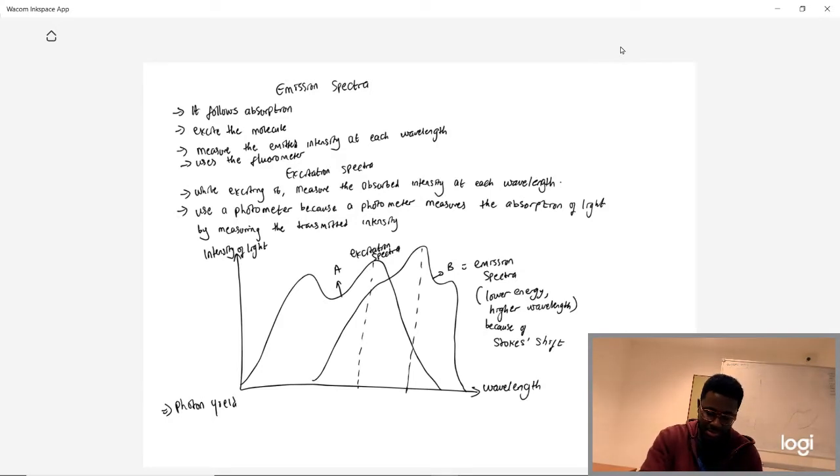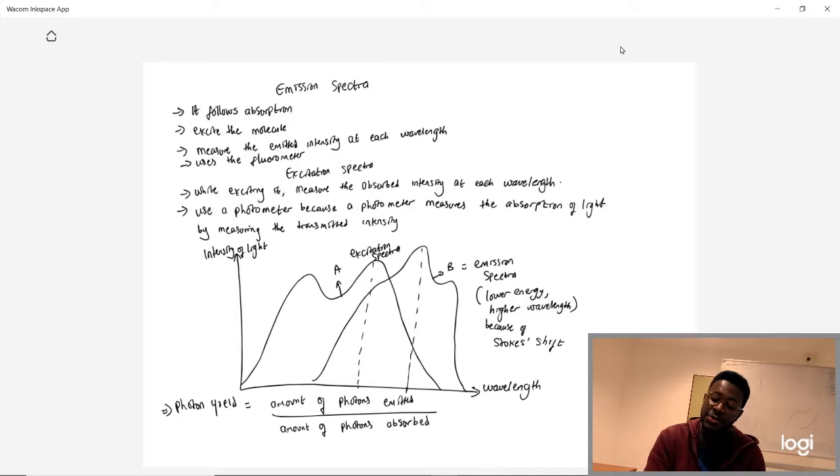The amount of photons emitted over the amount of photons absorbed. Exactly, absorbed.